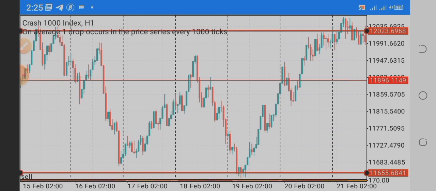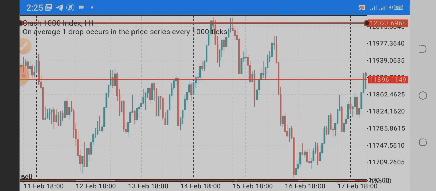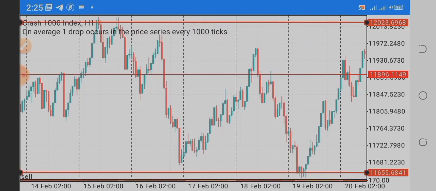I do tell beginners not to trade ranging markets, because you will not be able to know when a breakout will be happening, or when the price will not be able to touch the support or resistance and start retracing. But if you are kind of advanced, you already know when the market is breaking out, or when the market could not reach that support or resistance, so that you take profit.